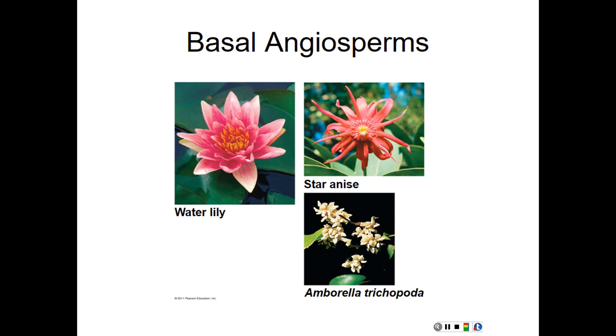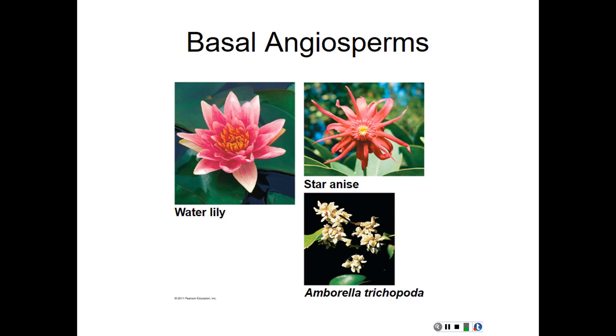Okay, so our basal angiosperms include three lineages, including Amborella, which has some kind of interesting links to its evolutionary past. It lacks the same type of xylem cells.